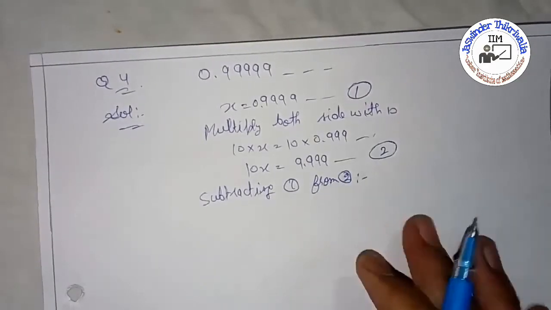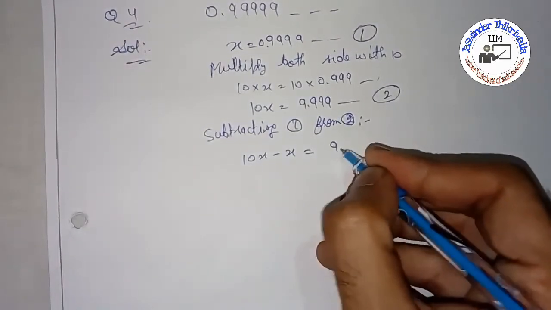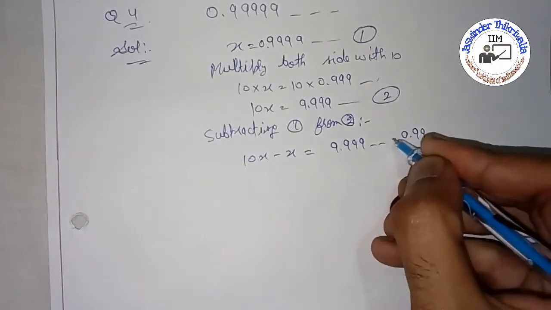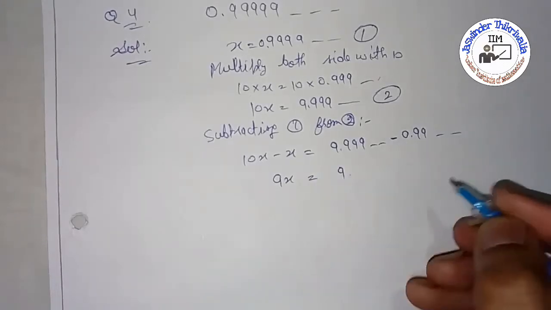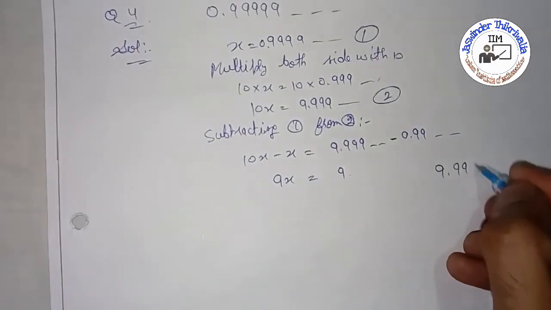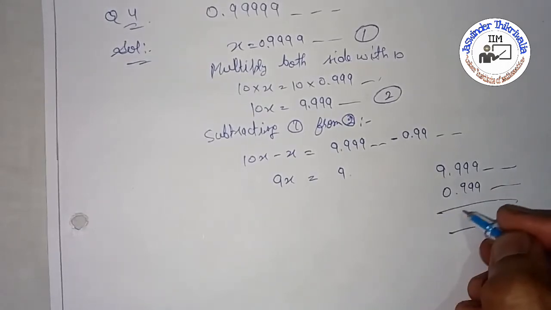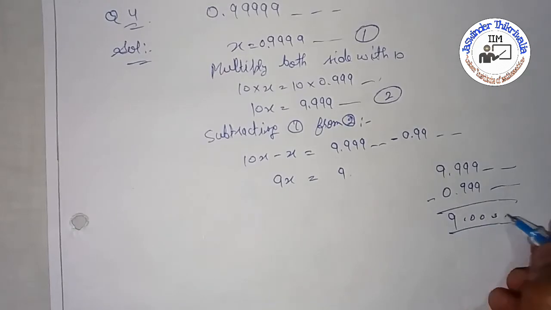On the left side we get 10x minus x, which is equal to 9.999 minus 0.999. So it will be 9x is equal to 9, because 9.999 minus 0.999 gives only 9, since the decimal part will be 0.